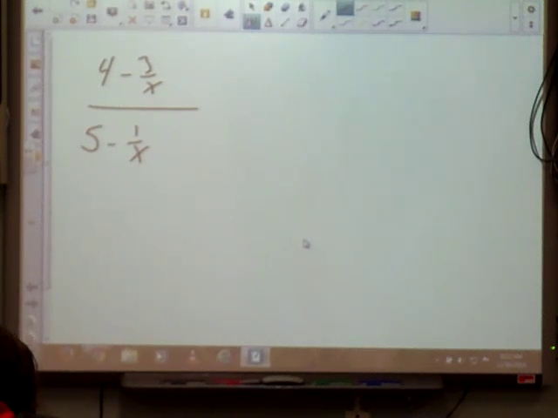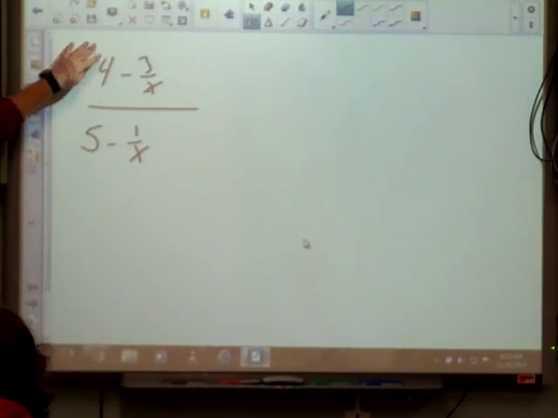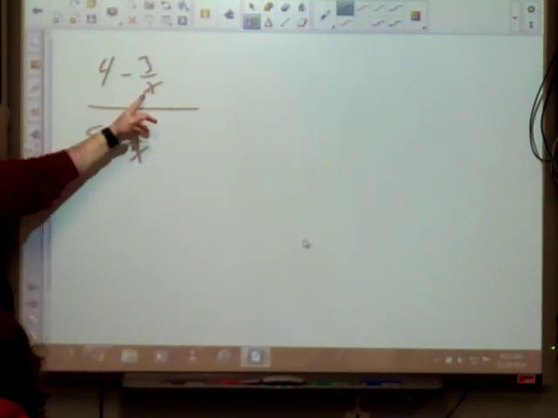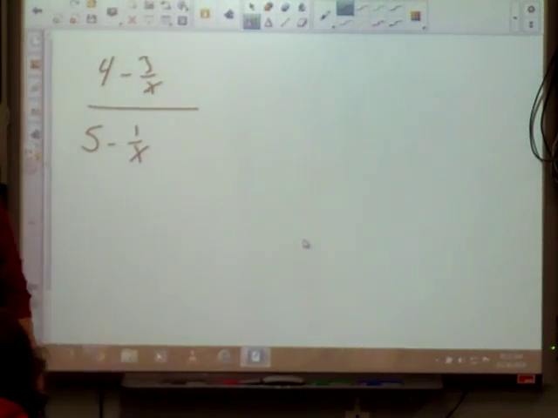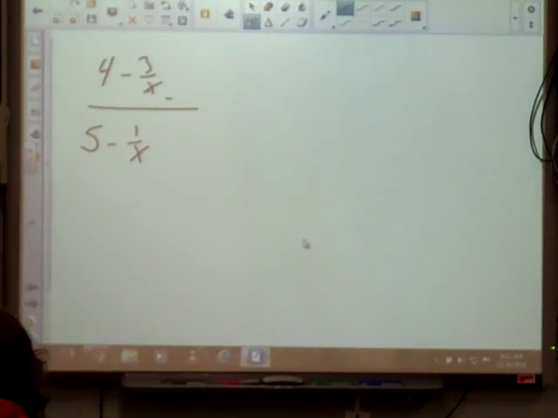If I look at both of the fractions, if I look at the top only, this actually has 2 denominators on top. Even though you don't see one with the 4, that's understood as 4 over 1, isn't it? So 1 and x, I've got 2 different denominators. Same thing on the bottom. 1 and x, 2 different denominators. So it's not just ready to change and flip. I've got to simplify everything on the top and get it down to 1 denominator.